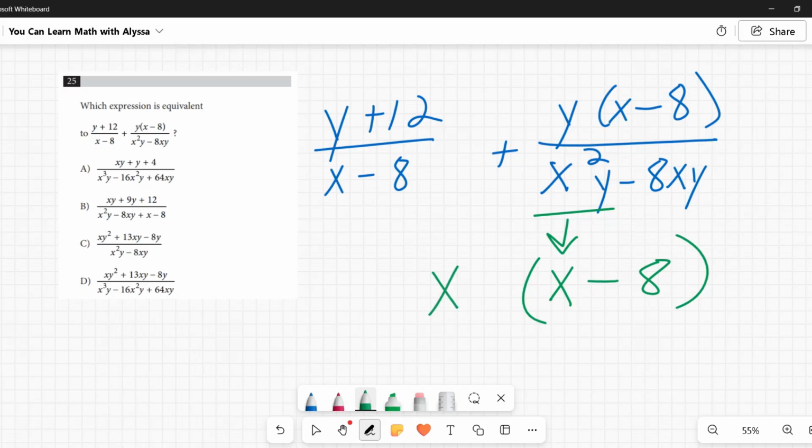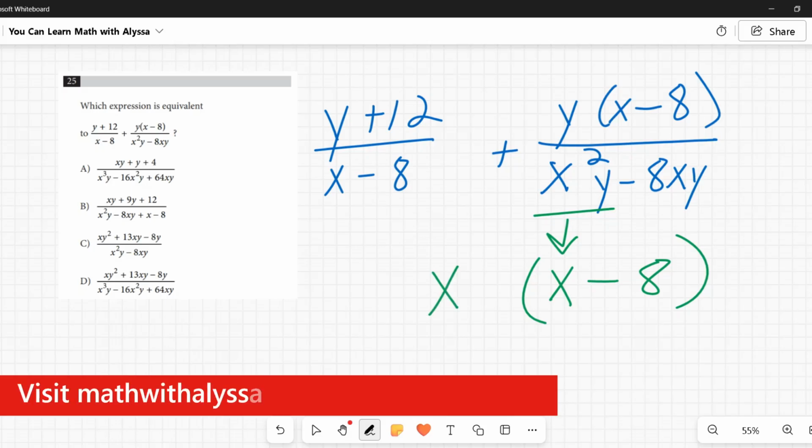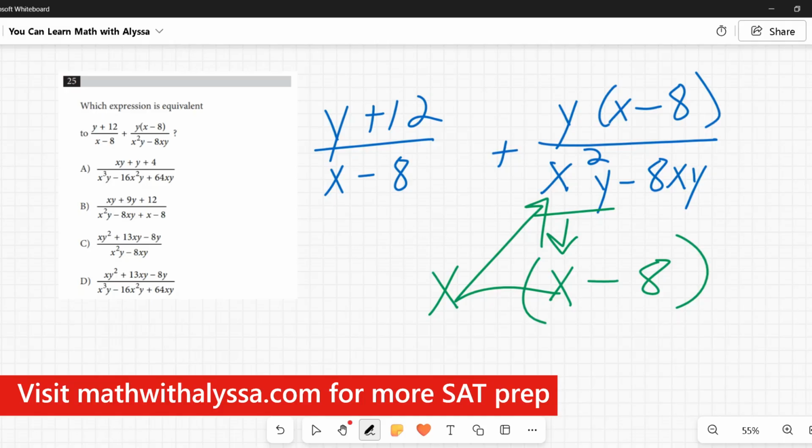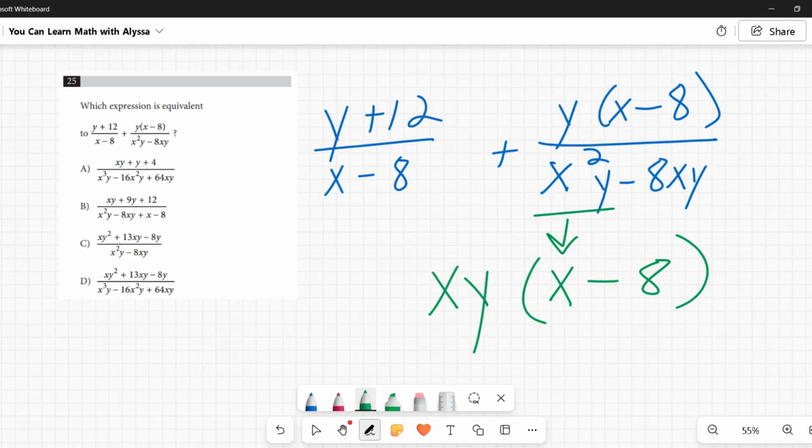Going backwards, x times x is x², and I would need a y. So x times xy would get me to x²y. Does negative 8 times xy get me to negative 8xy? It does. So okay, xy it is. I can pull xy out of x²y - 8xy, and that leaves x - 8 behind.